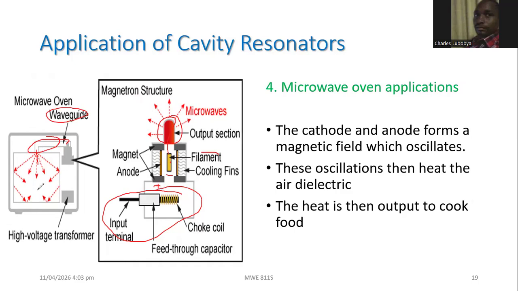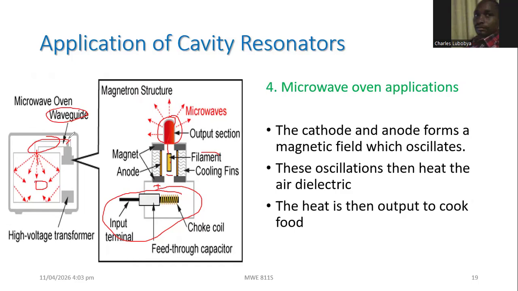When this energy mixes with the food, it begins to cook. But to avoid it cooking from one side only, you create a rotating mechanism so that the food is cooked evenly. So that's microwave at work.